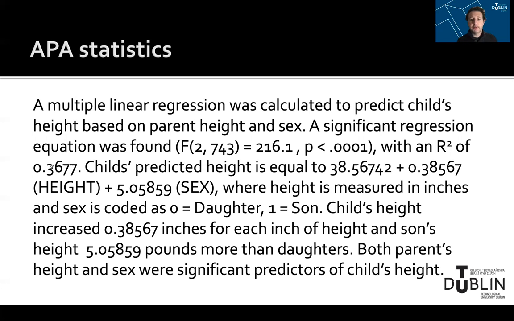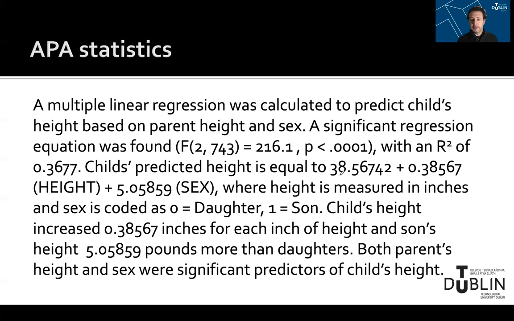So a multiple linear regression was calculated to predict child's height based on parent's height and sex. A significant regression equation was found. That's our last line. With an R squared of 0.3677, which is significant.